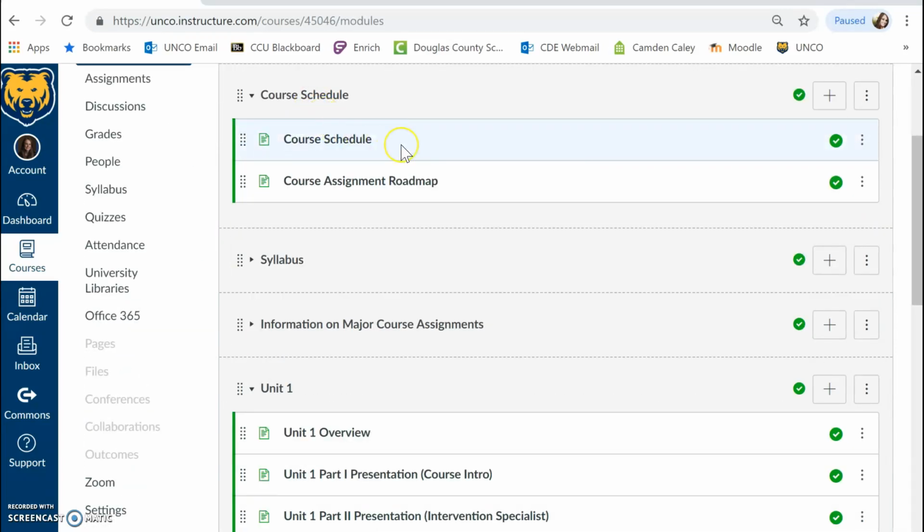And right below that is the course schedule with due dates and the course assignment roadmap, just with information and specific details about what is due at what time. That information will also be provided unit by unit. There are 5 total units in the course. Feel free to take a look at those. Let me know if you have any questions.